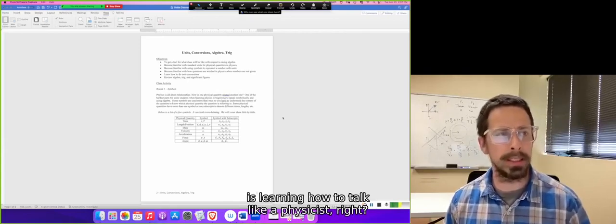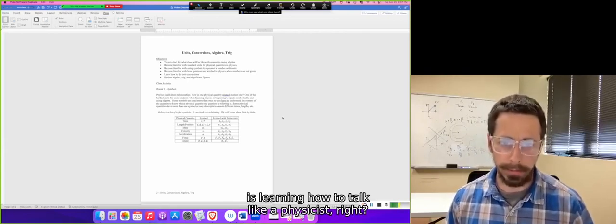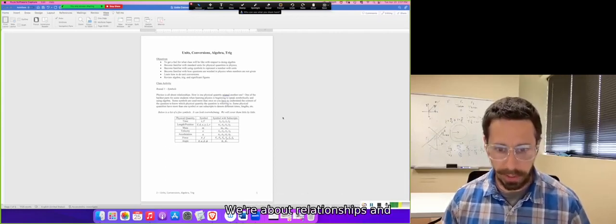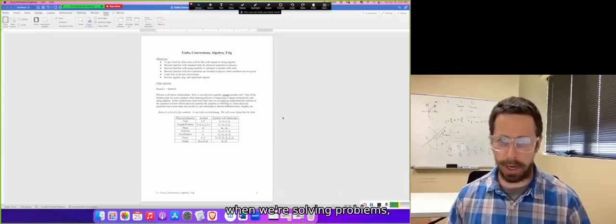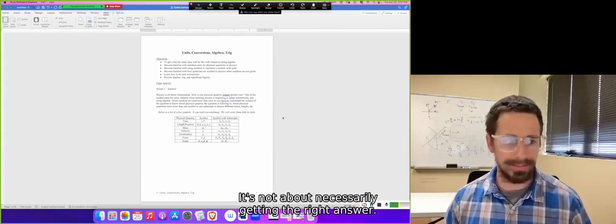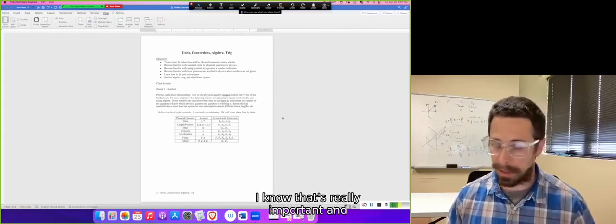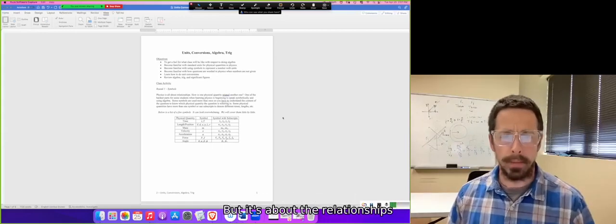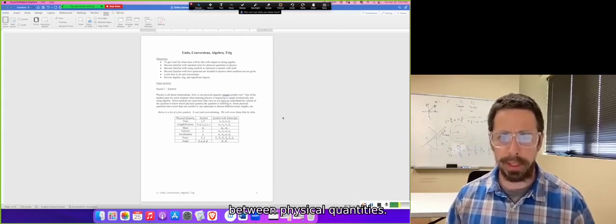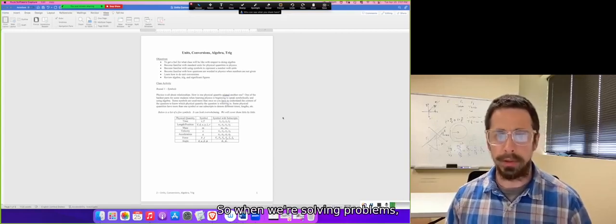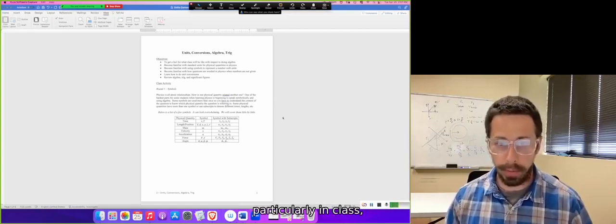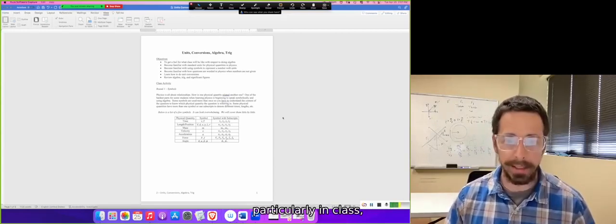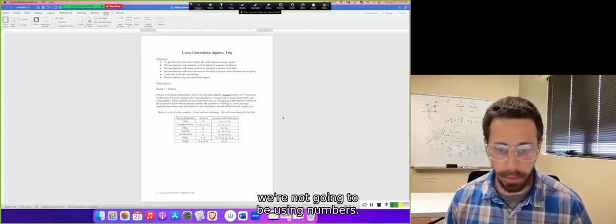which I really should say is learning how to talk like a physicist, right? We're about relationships. And when we are solving problems, it's not necessarily about getting the right answer. I know that's really important, and you'll be tested on that on the exams. But it's about the relationships between physical quantities. So when we're solving problems, particularly in class, we're not going to be using numbers, right?